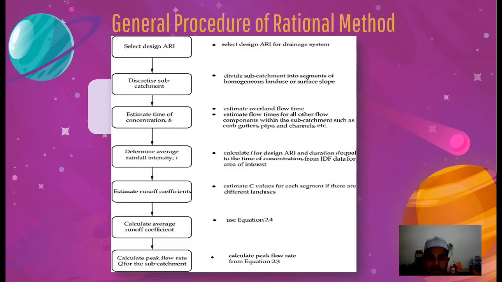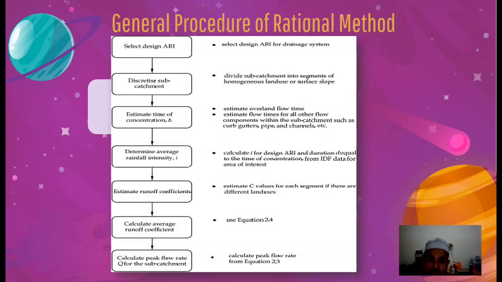This is the general procedure of the rational method. First, we select design ARI for the drainage system. Next is discretize subcatchment, where we divide the subcatchment into segments of homogeneous land use or surface slope. Next is estimate time of concentration, which is TC, where we estimate overland flow time and flow time for all other flow components within the subcatchment such as curb, gutter, pipe, and channels.